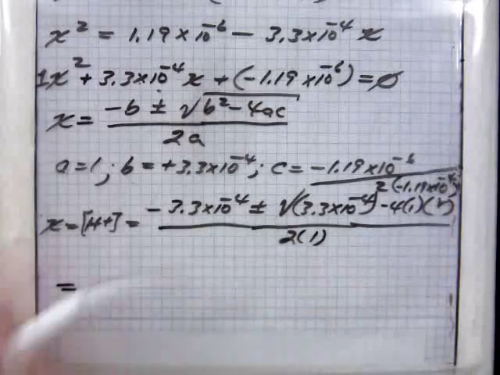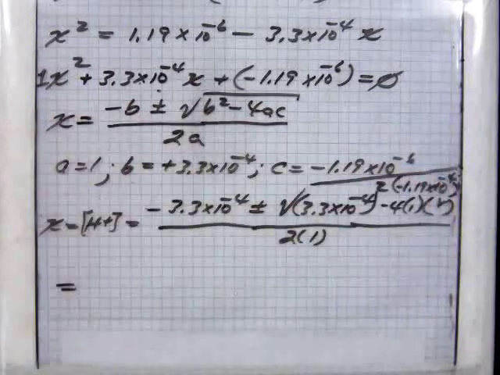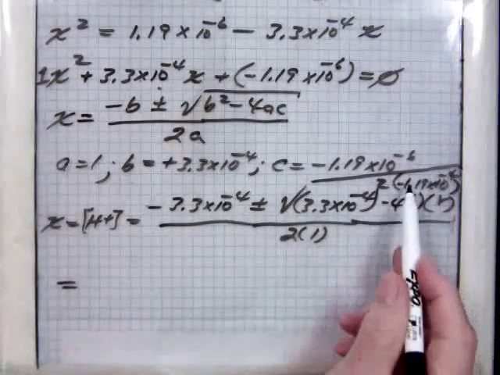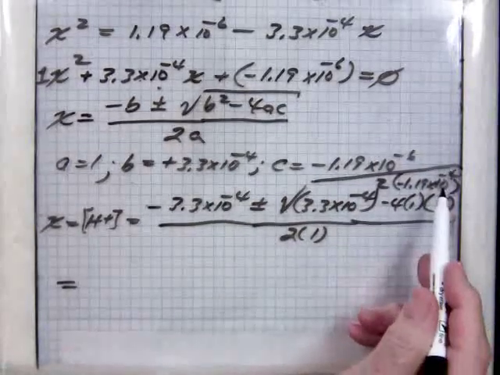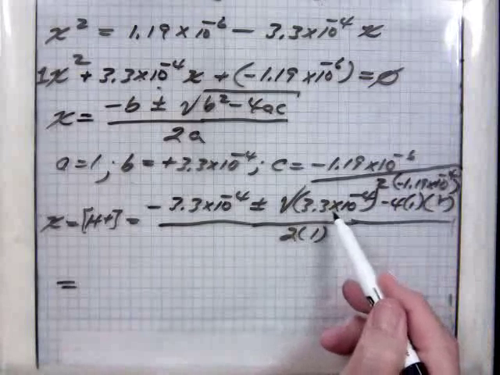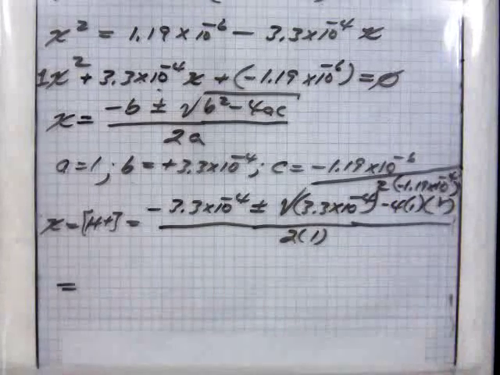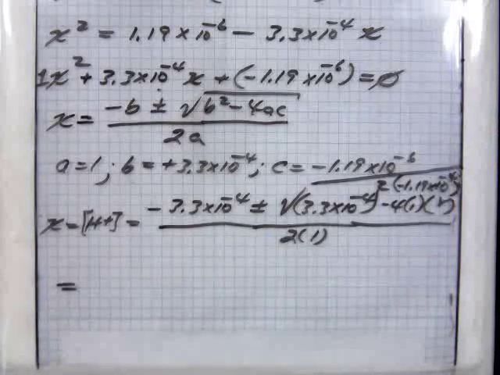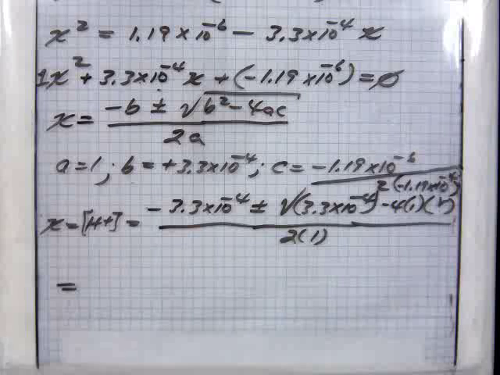So let's simplify the square root first. A minus times a minus gives us a plus, so that's convenient, and then we'll add back this. So 1.19 times 10 to the minus 6 times 4 equals that. Add 3.3 times 10 to the minus 4. Nope, I have to square it first.